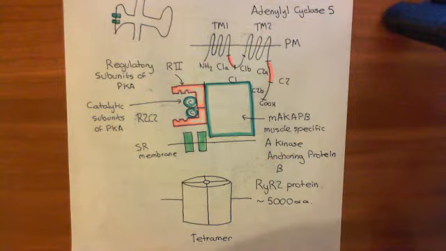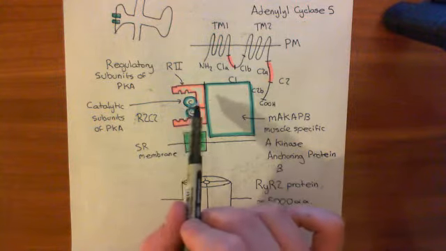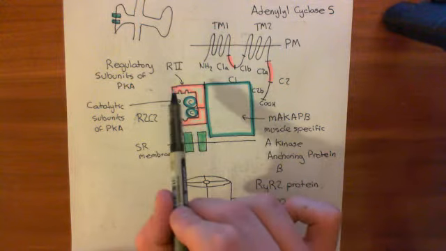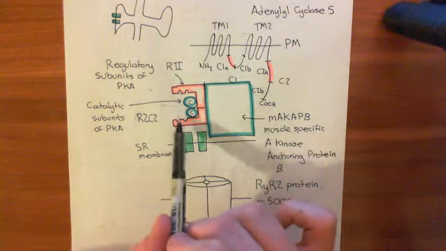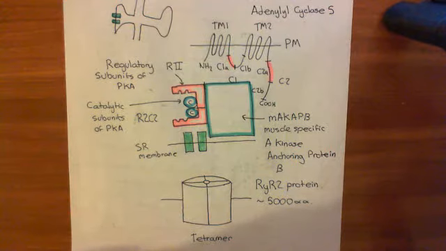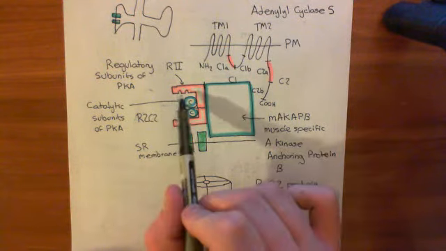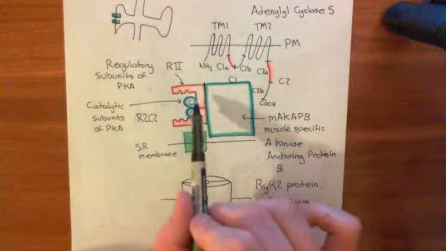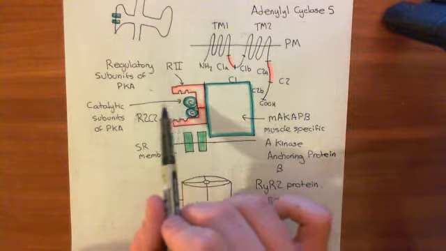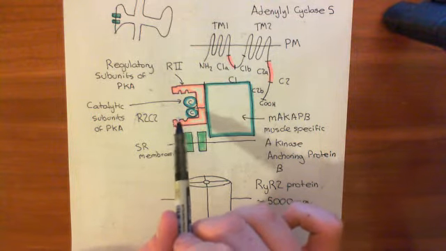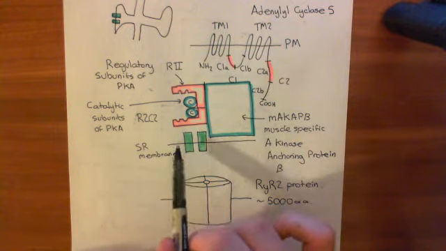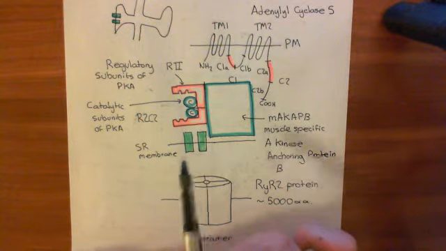Okay, now, when the catalytic subunits are bound to the regulatory subunits like this, they are inactive. However, you'll notice these little furrows that are drawn on the regulatory subunits. Those are cyclic AMP binding sites. When cyclic AMP binds in those 4 binding sites, the regulatory subunits will change conformation and release the catalytic subunits, and they will then be able to phosphorylate proteins, such as the type 2 ryanodine receptor.